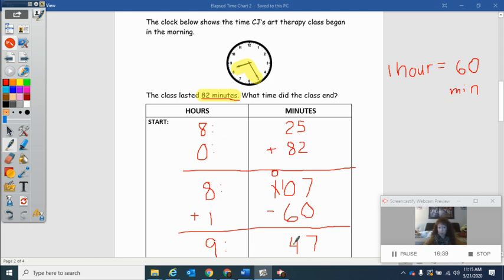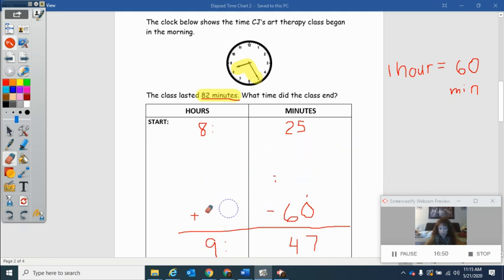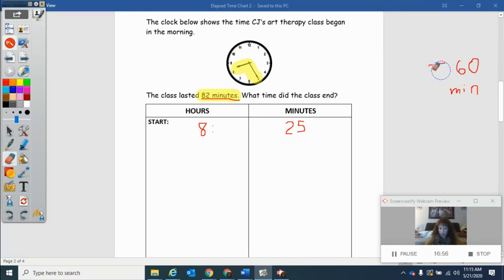Okay, so I'm going to erase that and go through that one more time. I'm going to rewrite that because that looks kind of messy.